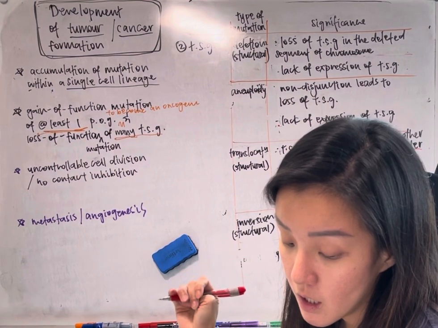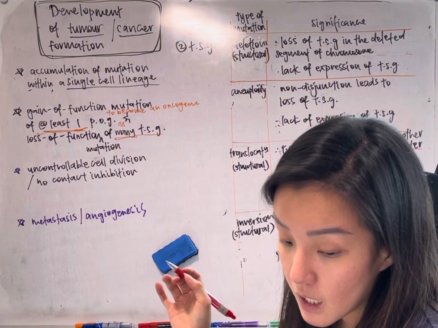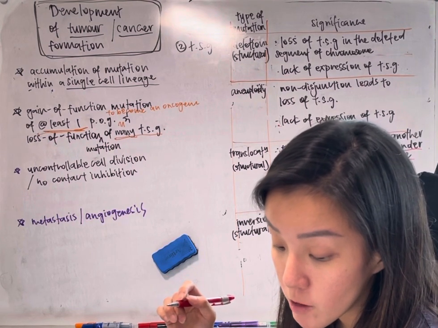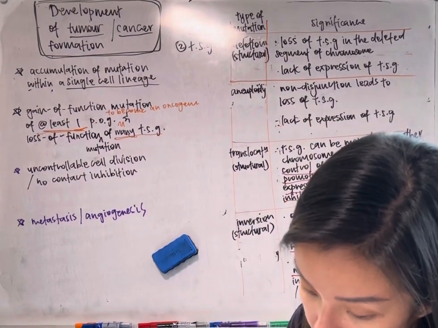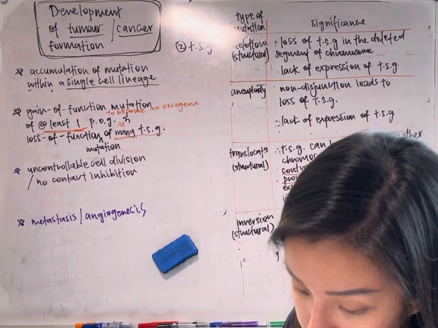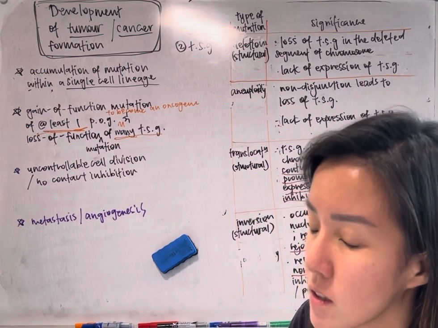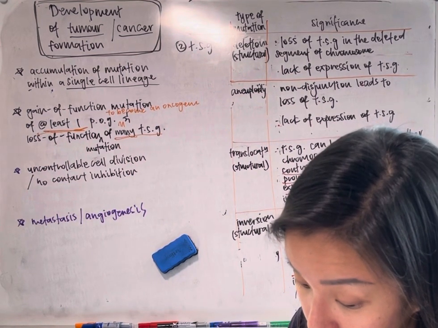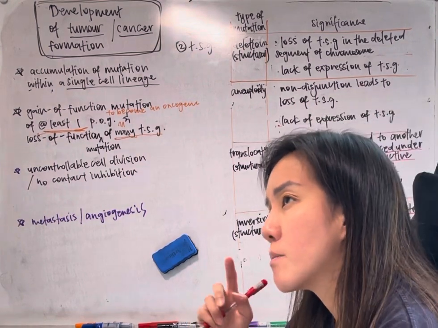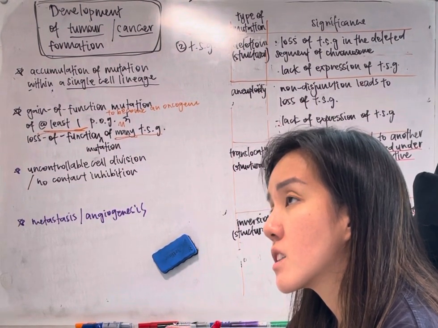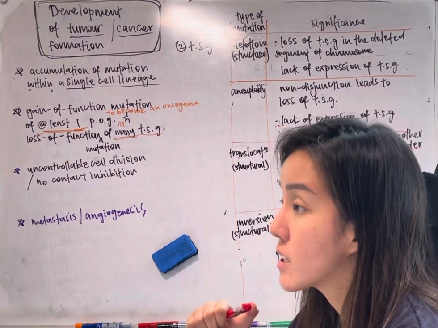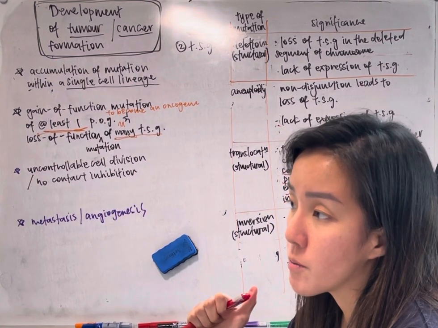For this part, if you say gene mutation, I think the idea should be more that the accumulation of mutation in a single cell lineage is rare or by chance. Then that will be a possibility.